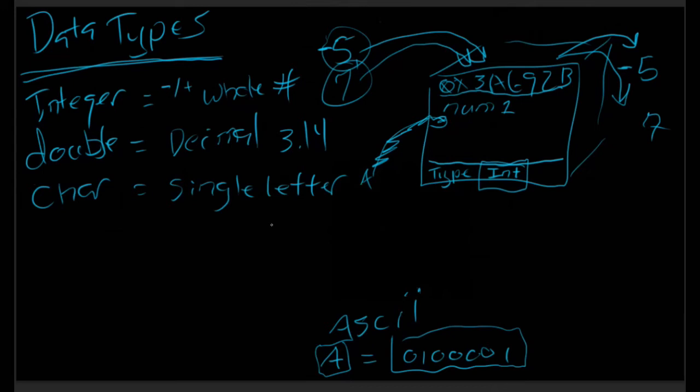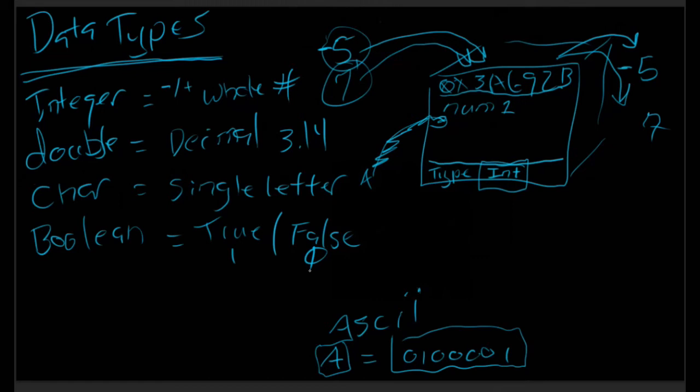Okay. The next type we have is called a bool, or a boolean, B-O-O-L-E-A-N. And a boolean can hold a value true or false, or as the computer knows it, a 1 or a 0.